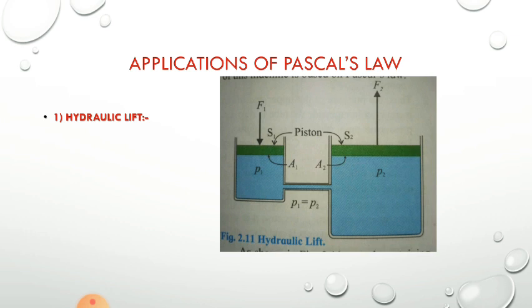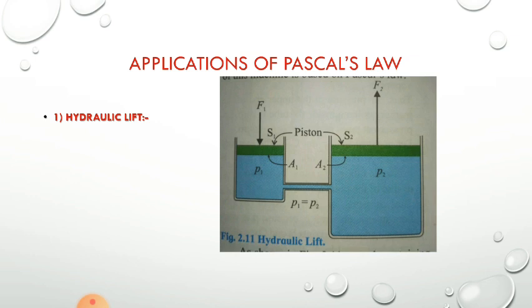Hydraulic lift is used to lift a heavy object using a small force. The working of this machine is based on Pascal's law. A tank containing a fluid is fitted with two pistons S1 and S2. S1 has a smaller area of cross section A1, while S2 has a much larger area of cross section A2.